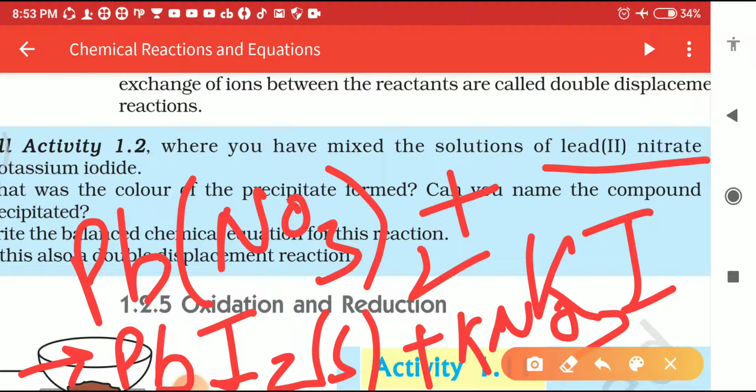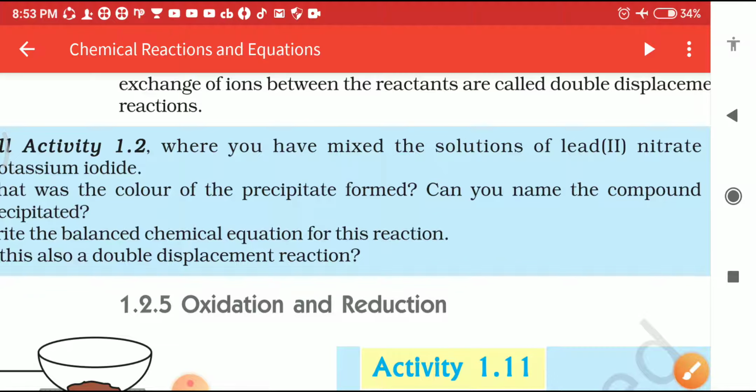is your yellow precipitate. Once again, I will write it in a clearer form. What happened when the solution of lead nitrate Pb(NO3)2 is combined with potassium iodide?